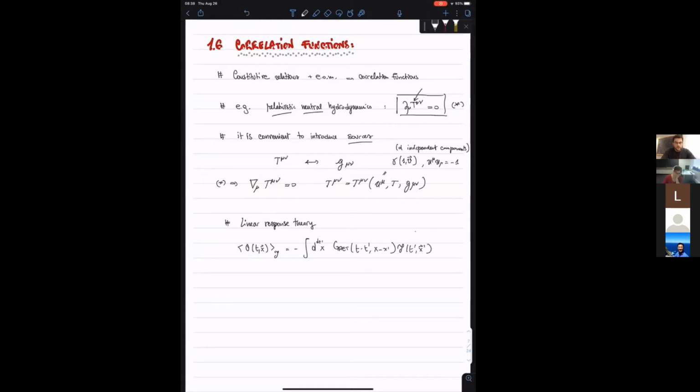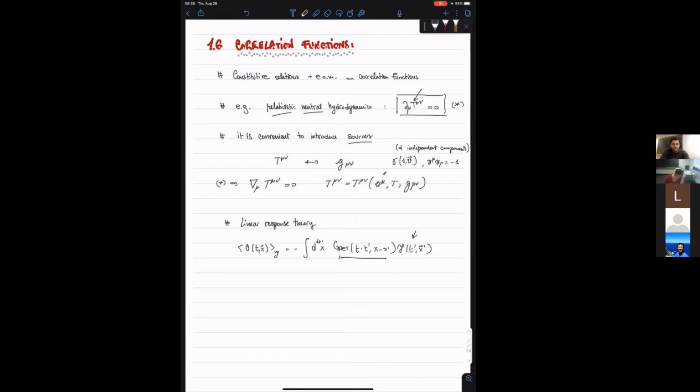So you have a source which is turned on adiabatically, and then it's removed. And this source will create a perturbation, which is represented by this retarded correlation. So the one-point function will be different from its zero source value only after the perturbation is turned on.